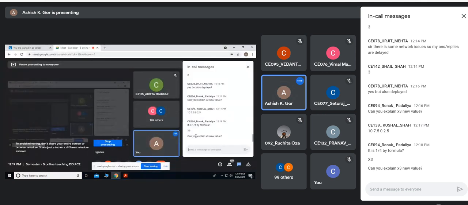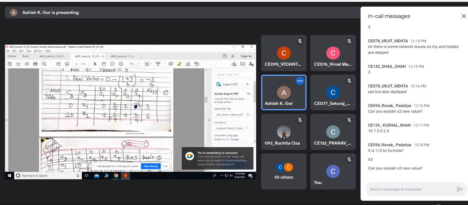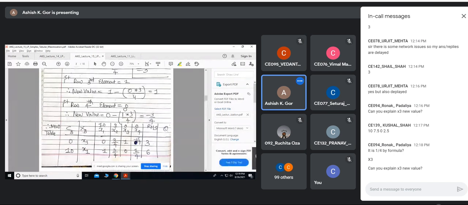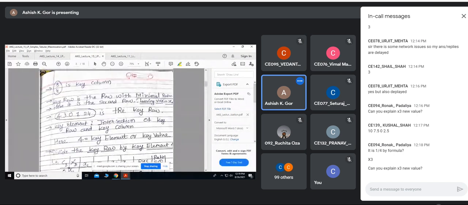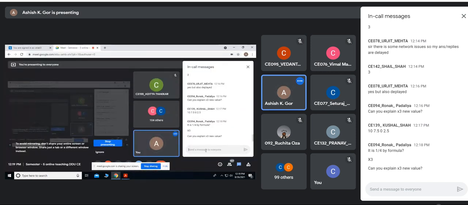Okay, x3 value. So x3 value is here, it is 1, and corresponding key row element is 0. So 1 minus 0 into 3 by 4. So 1 minus 0, so it will be 1.